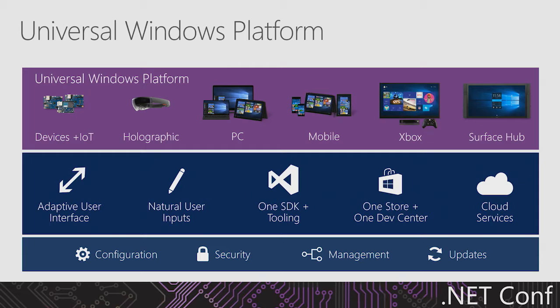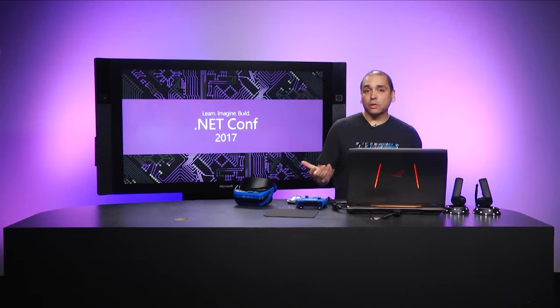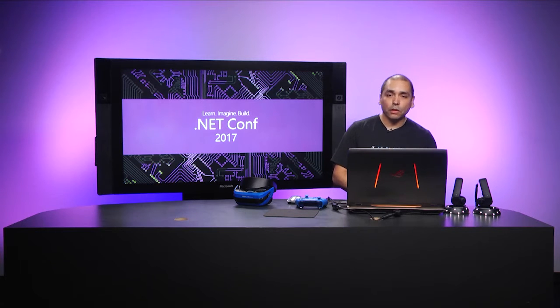Today we're going to talk about holographic in the context of the occluded headsets, so these virtual reality headsets. We are still doing universal apps, using the exact same APIs that we use for holographic. In this case, we're just targeting the occluded or immersive headset.